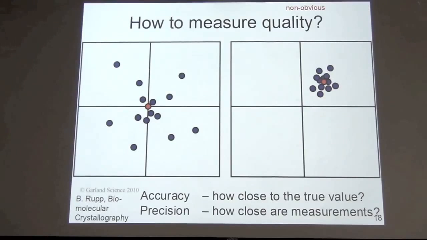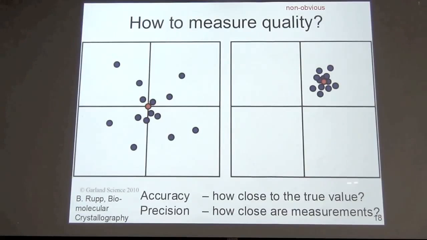If we take the average of all of these, we get this red point here, and this is actually very close to the true value, which is at the center of the crosshair. It's supposed to show that in this case, the observations have rather low precision, but their average may be very close to the truth. So the accuracy of the merged or averaged data can be high, whereas the precision of the measurements is not so high.